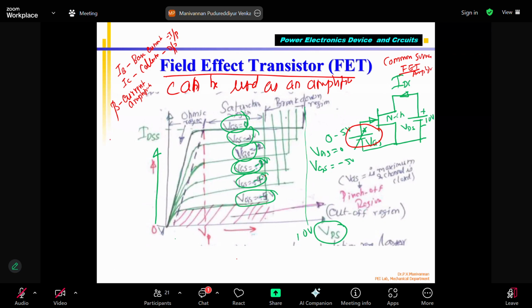That means IC is related to base current by beta times. Beta is called current gain. That means if I give some X amount of current in the base, it will be multiplied by beta times and it will produce output at the collector.